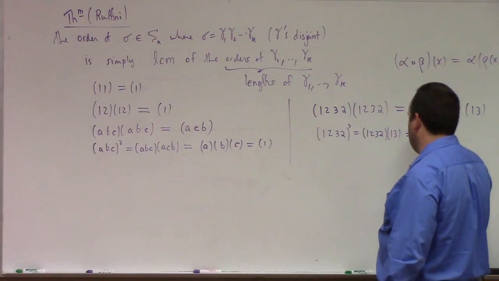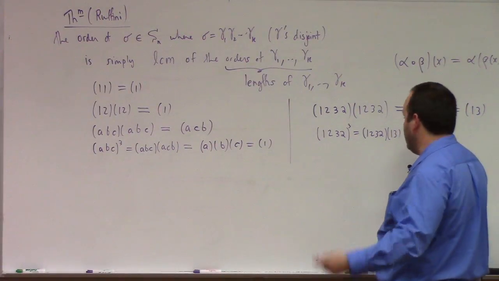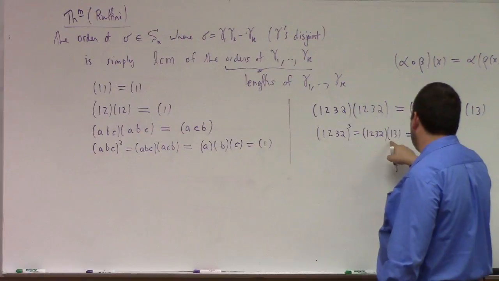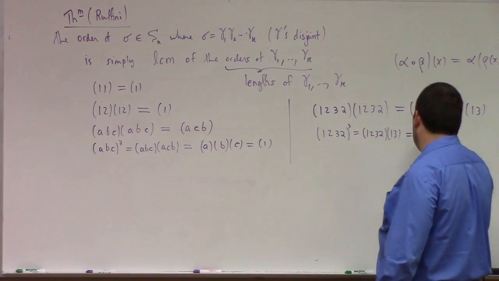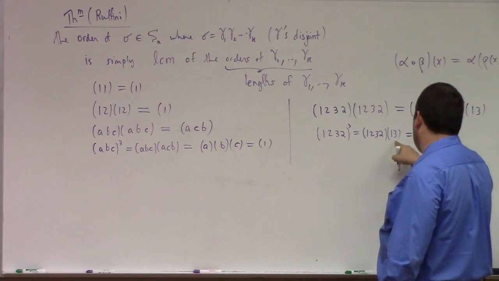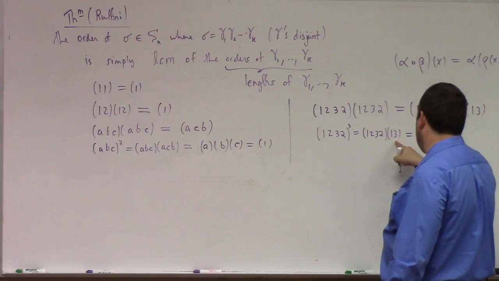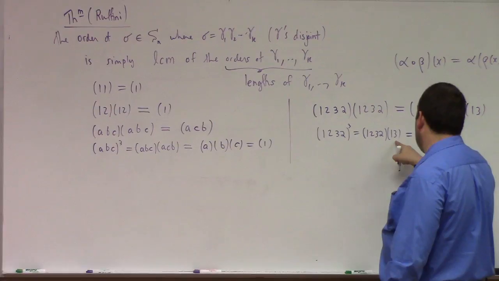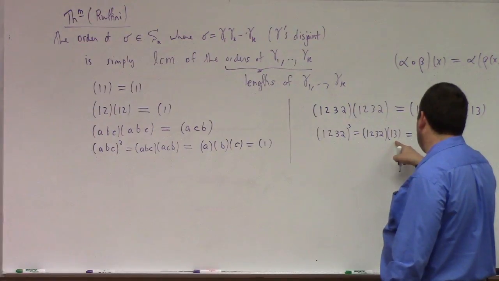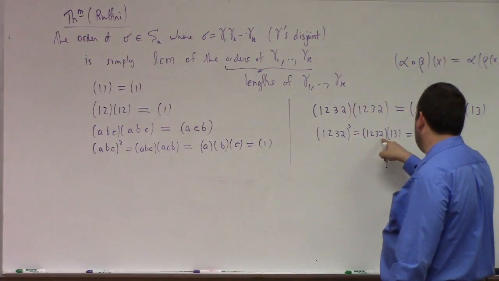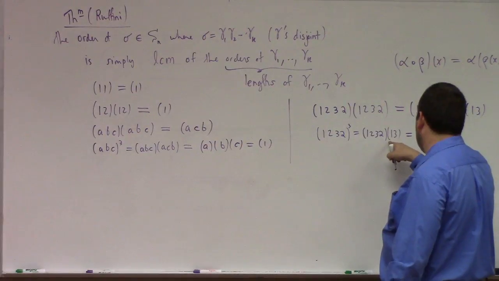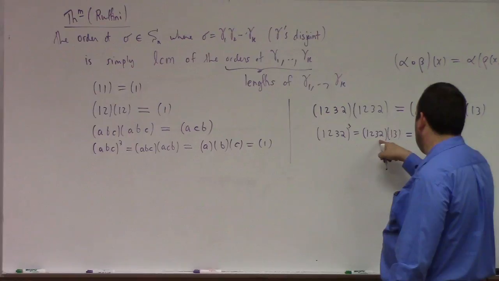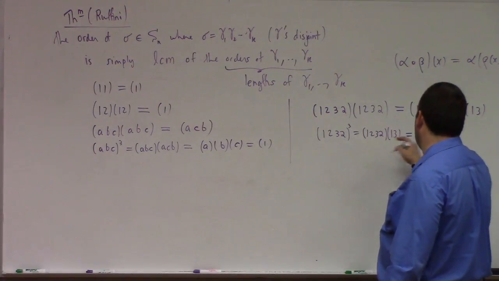All right, so you want to start at 1? 1 goes to 3, 3 goes to 2. And then 2 goes to 3. So 1 goes to 3, 3 goes to 2. Okay, and then what happens to 2? 2 goes over there, and then it goes to 1. Oh, so that's that.